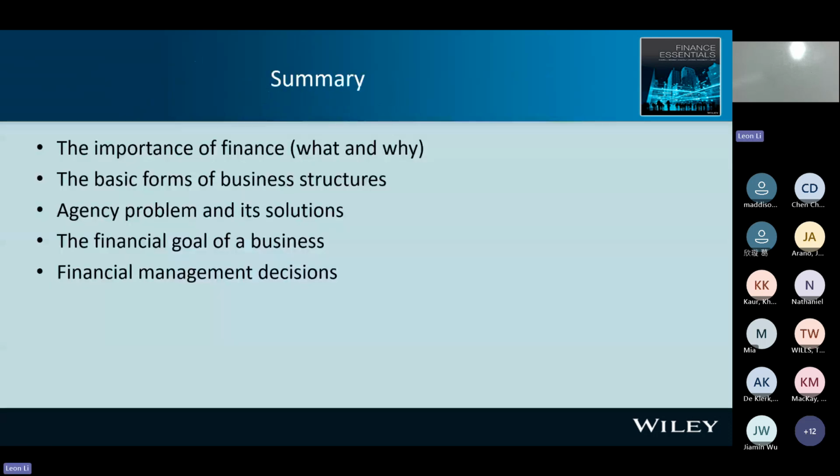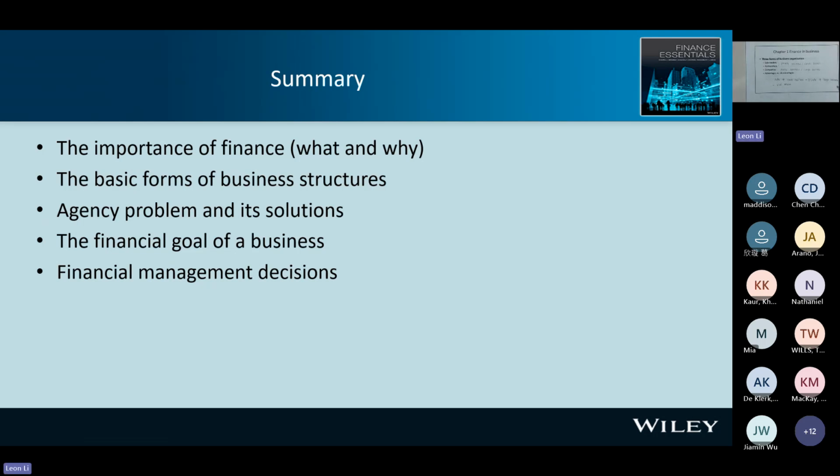Okay, we finished the discussion on chapter 1. We'd like to go through the 4 topics we have discussed today. First, the basic form of business structure. So you know the 3 forms of business structure. Here is a summary.